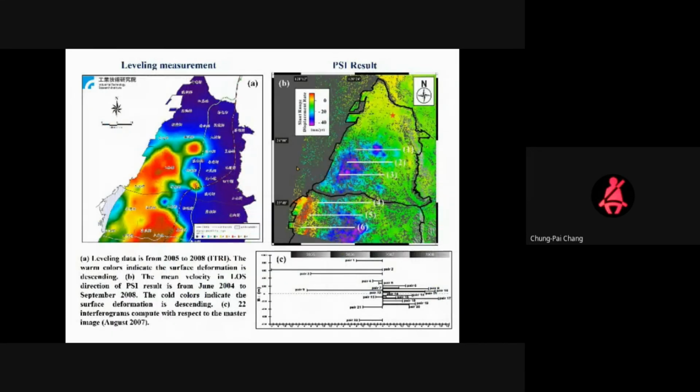And our result shows the surface deformation here, accumulated, for example, 4 centimeters. This subsidence is 4 centimeters here, and then we calculated the well data, and we find that underground the deepest well is around 400 meters.